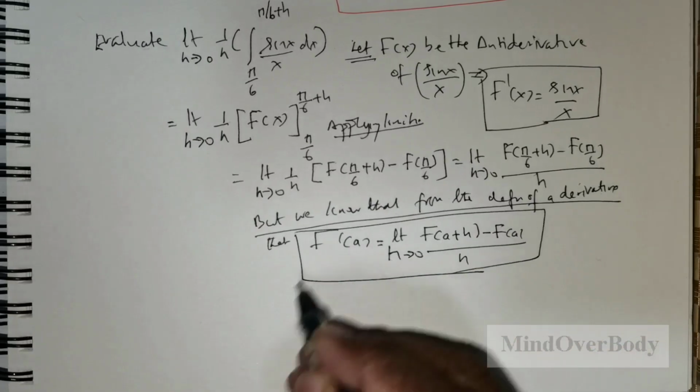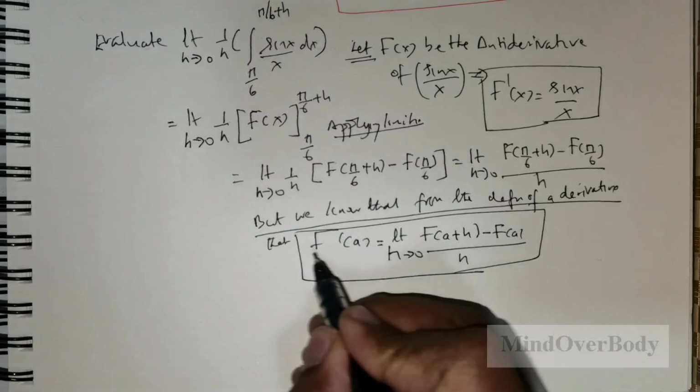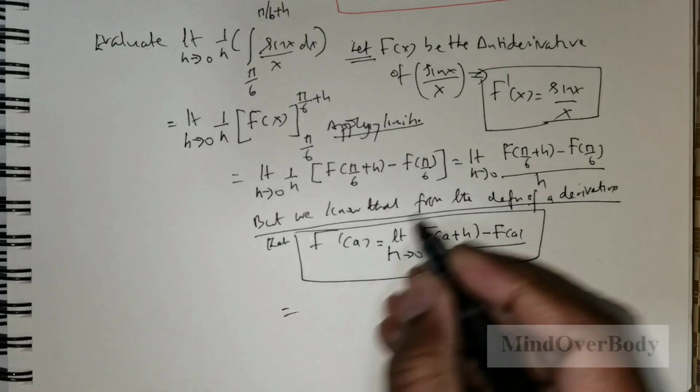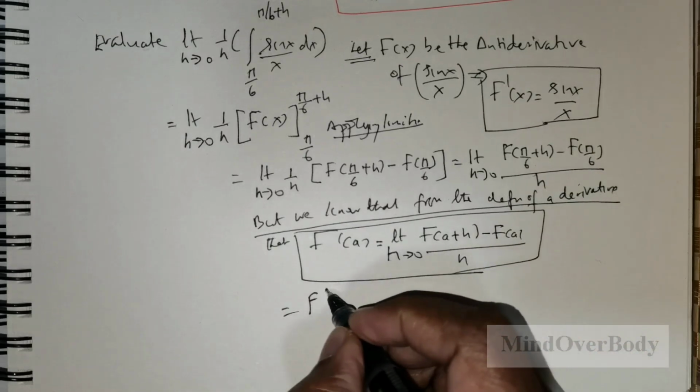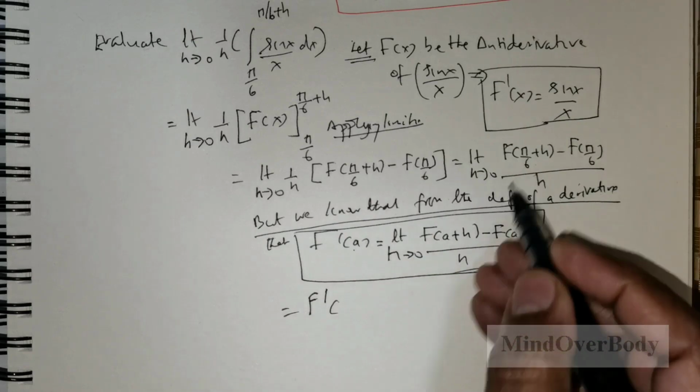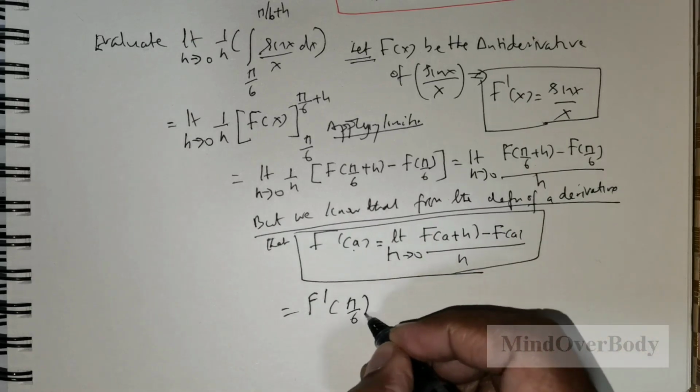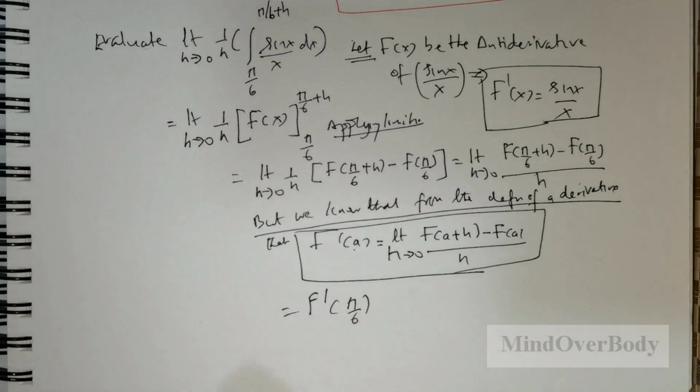This is the definition of a derivative. Now, using this definition, we get this to be equal to F dash of pi over 6, with pi over 6 in place of a. So this is the understanding.